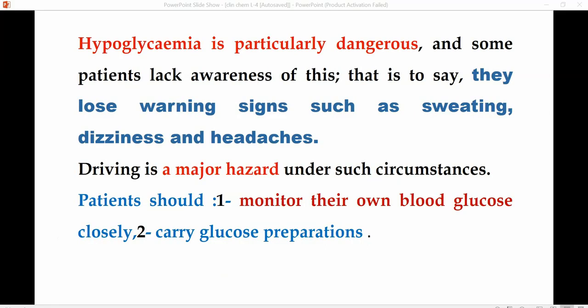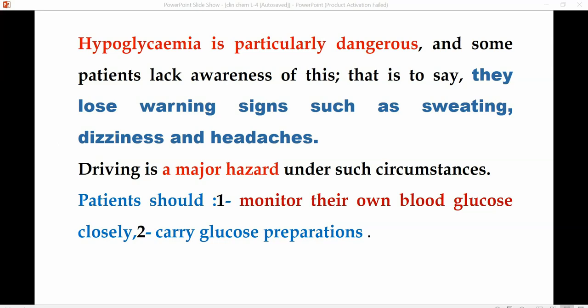This condition is particularly dangerous if, in some conditions, they take other medications that would lead to misleading symptoms or warning signs such as sweating, dizziness, and headache.